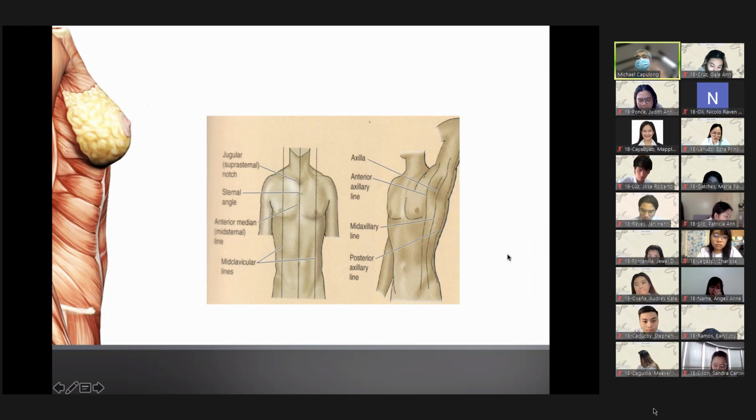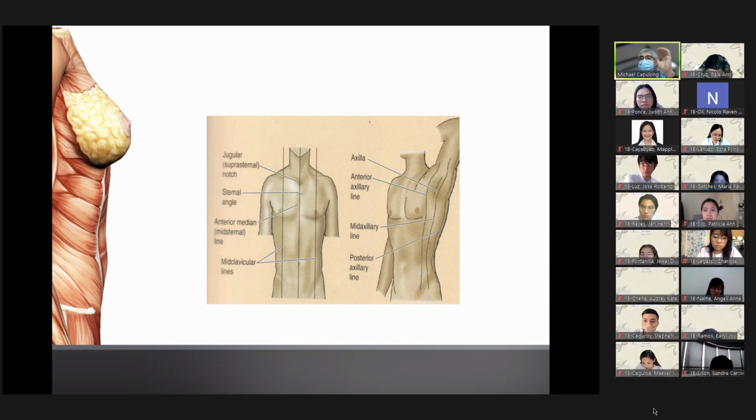Now, since the thoracic wall is a fairly large area, as far as surface area is concerned, naturally, if we would want to characterize a specific location in the thoracic wall, then we will have to have landmarks or guides for us to be able to localize a specific area. And in the thoracic wall, we make use of vertical lines. So we draw imaginary lines to delineate areas in the thoracic wall.